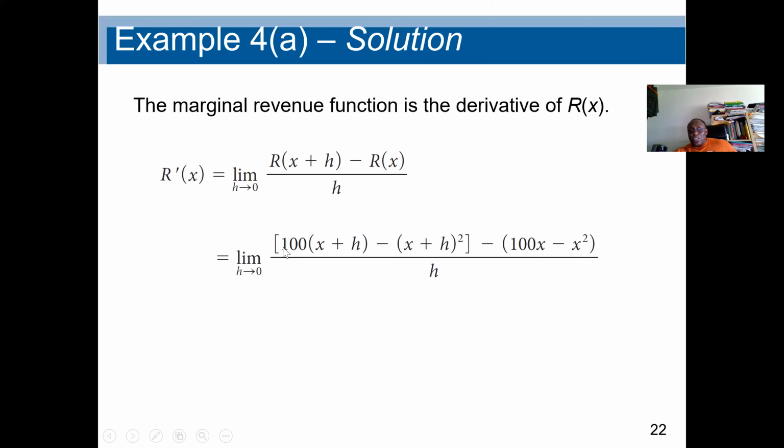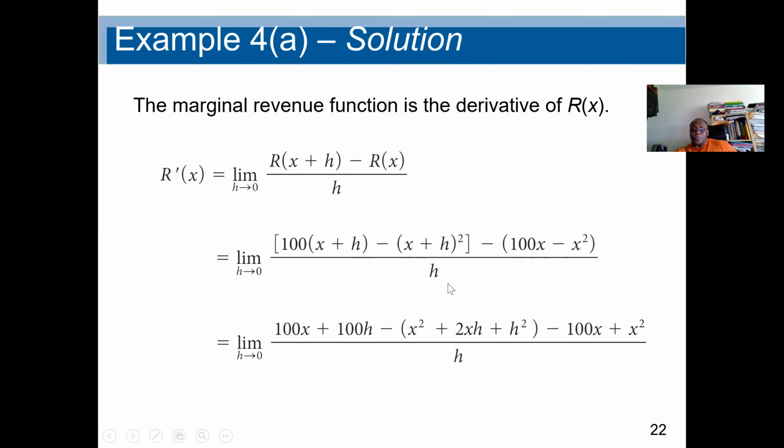We know we have 100x, so x becomes x plus h, minus x squared, so it will be x plus h squared. R of x is the same as the original equation, so it will be 100x minus x squared, all divided by h. Then we remove the parentheses, 100x plus 100h. The perfect square gives me x squared plus 2xh plus h squared.